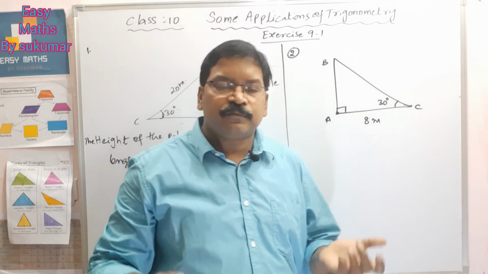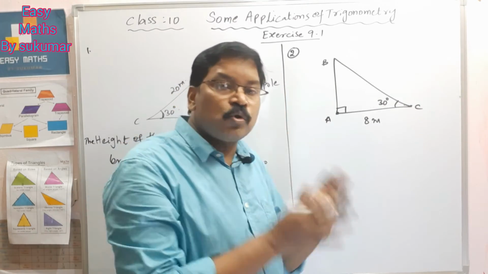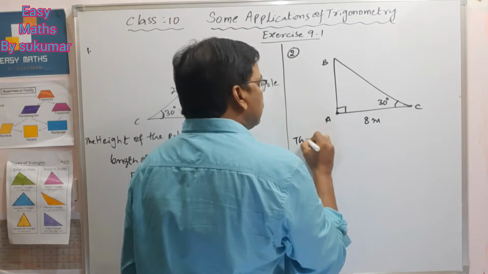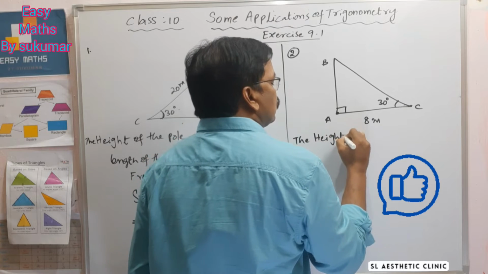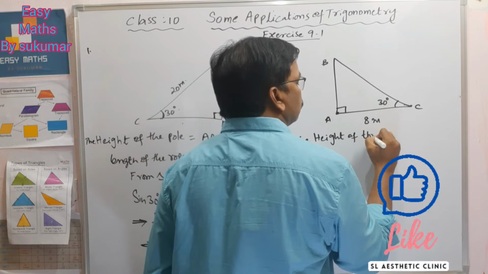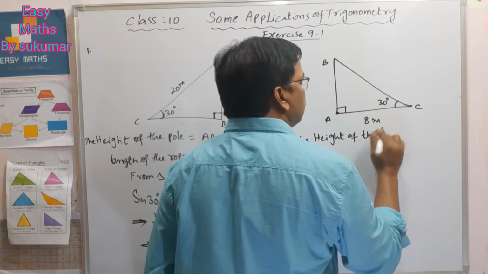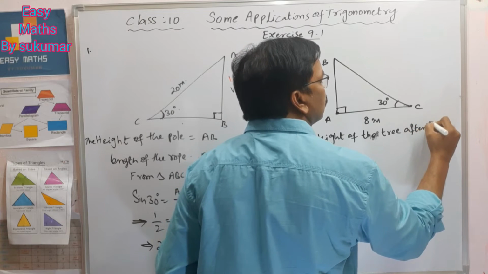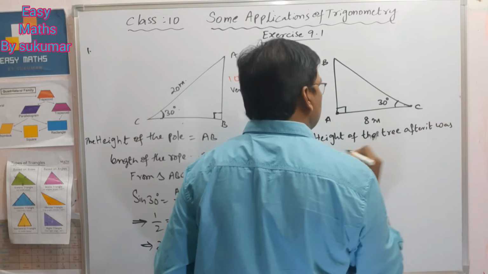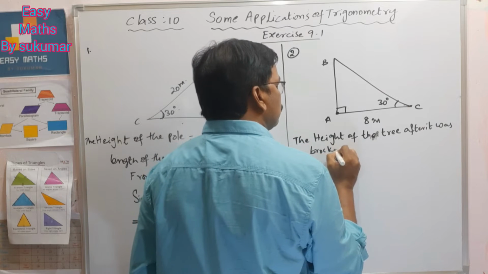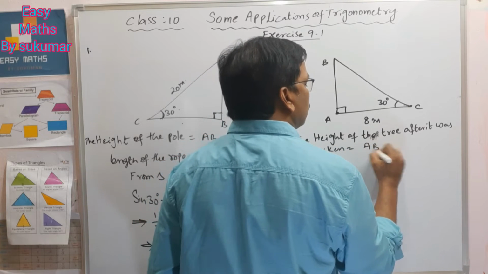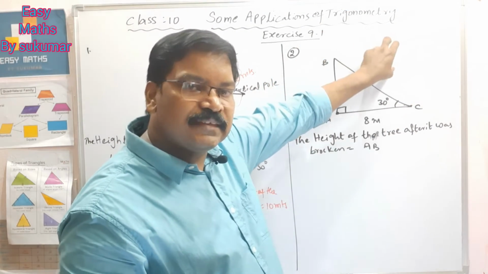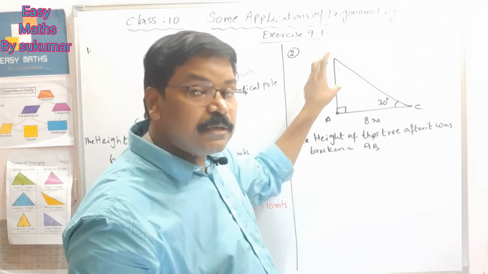After it was broken, we should find the height of the tree. My dear students, the height of the tree before it was broken is AB plus BC, sorry, AB plus BC.